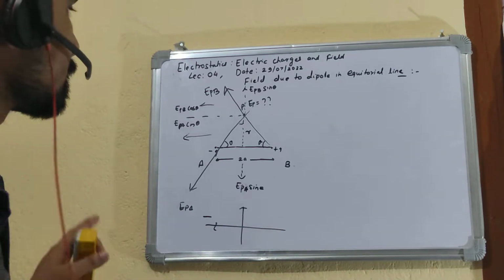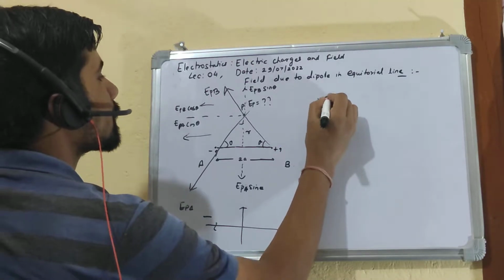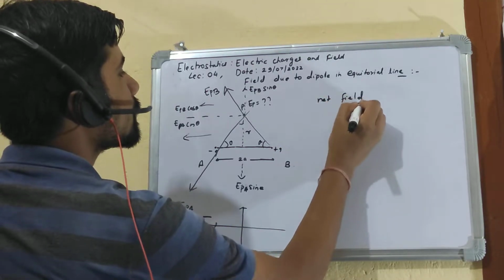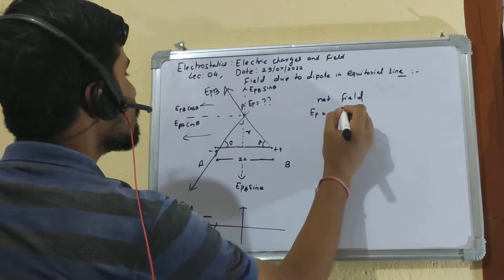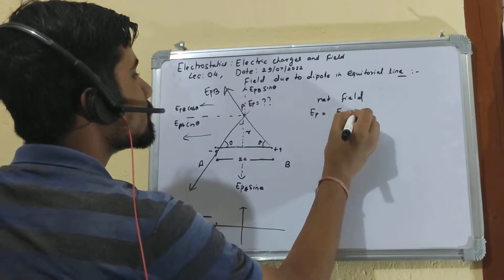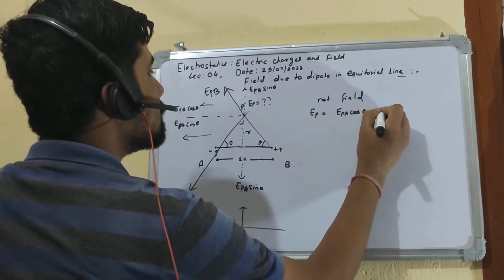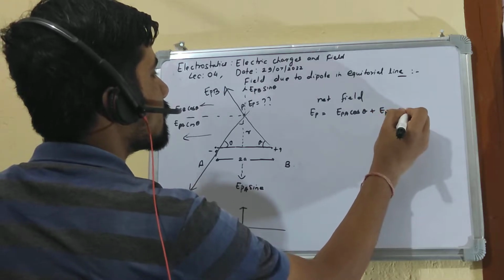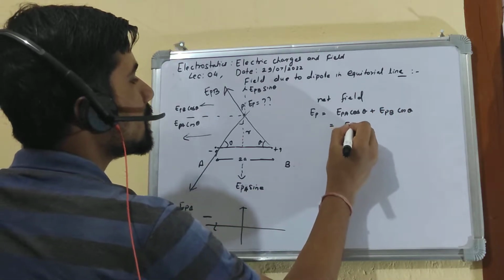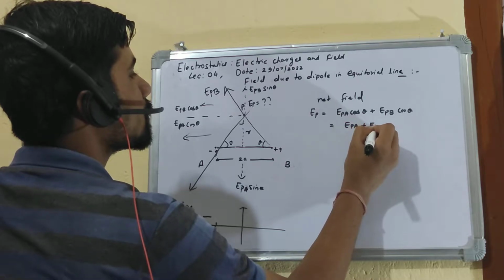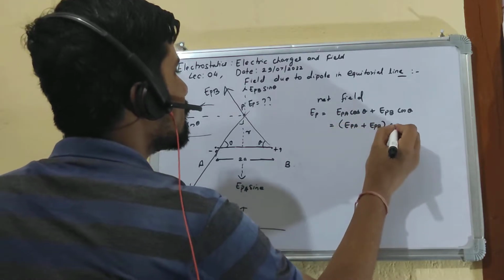So the net field EP is EPA cos theta plus EPB cos theta, which is nothing but (EPA plus EPB) cos theta.